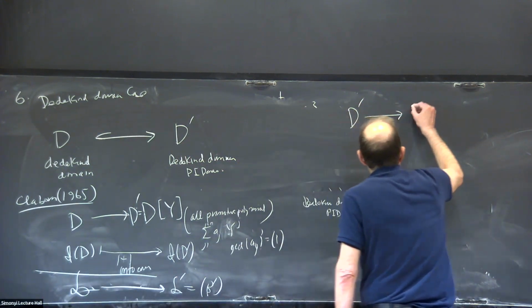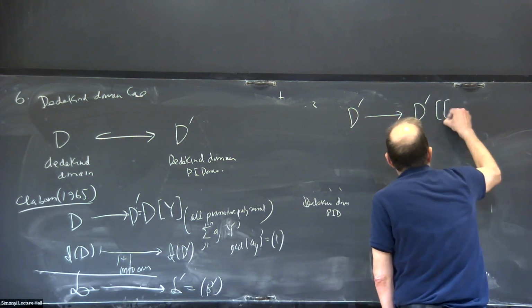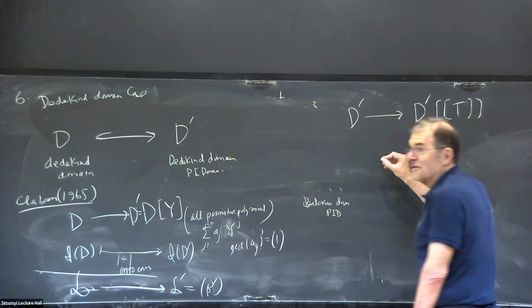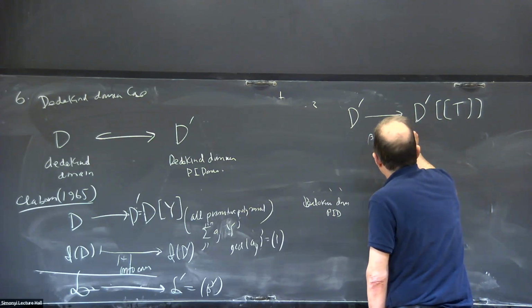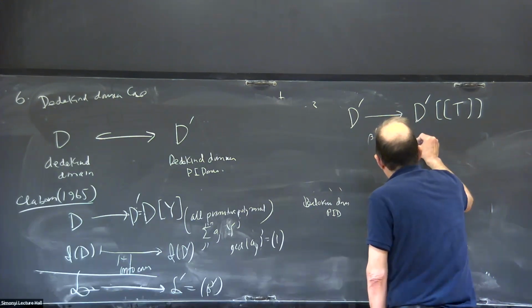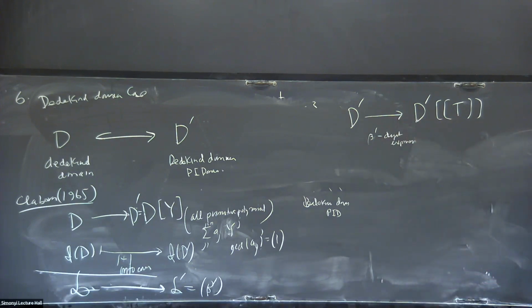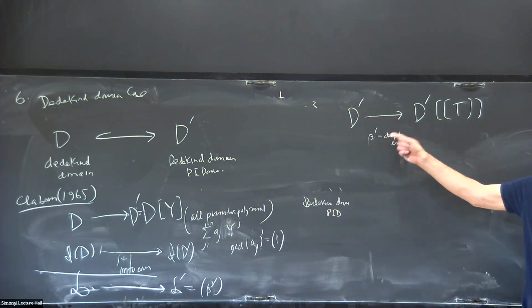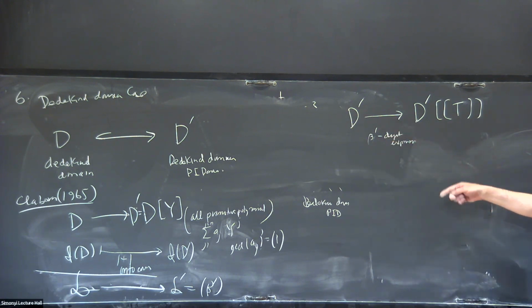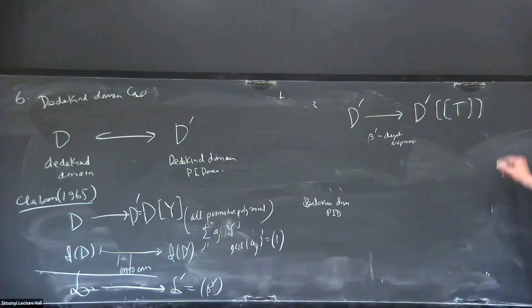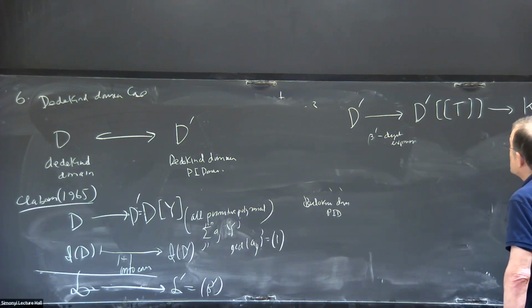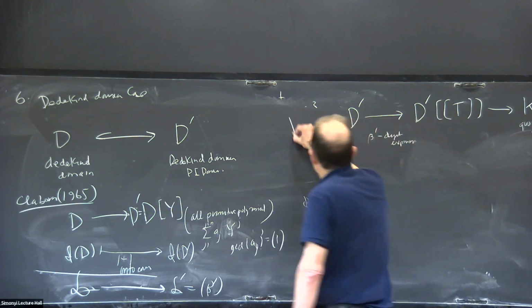So now we can take D prime and we can map it into D prime double bracket T by the B prime digit expansion. By the way, the digit expansion is really a series of higher congruences mod higher powers of B. You don't have to complete or whatever, but you can prove that the equivalent version of this lemma applies, and then if you want to apply Bhargava stuff, you might as well go to the quotient field, K prime of T. So we have this map here.